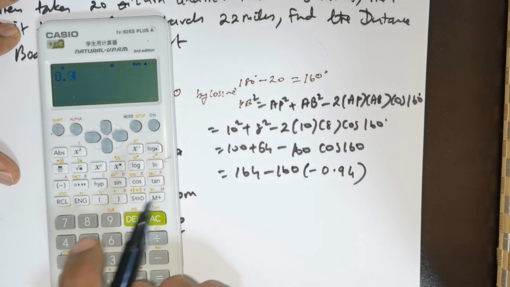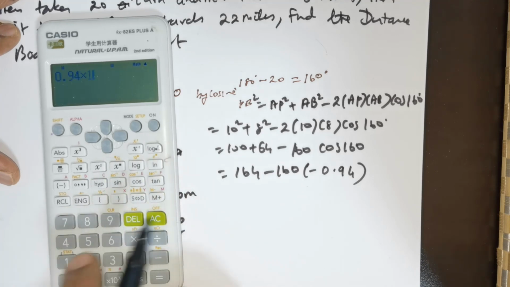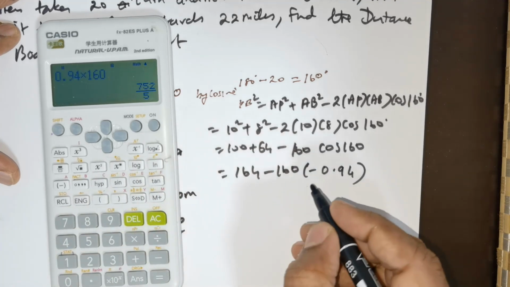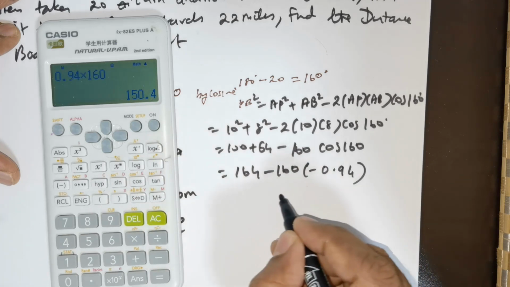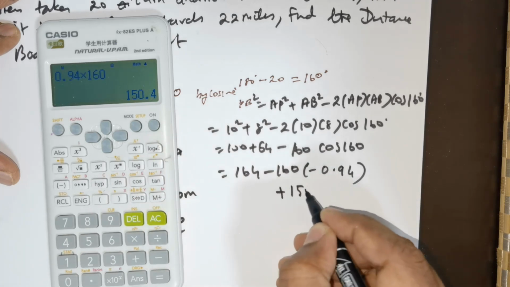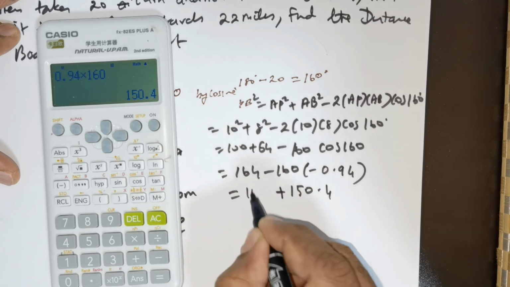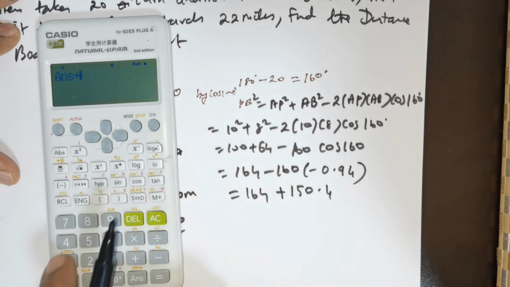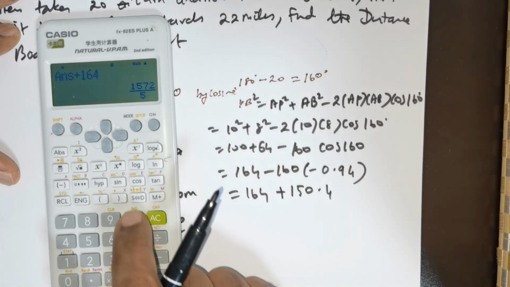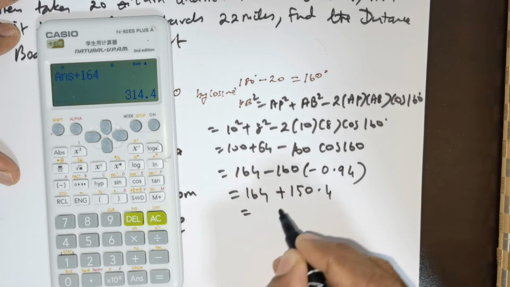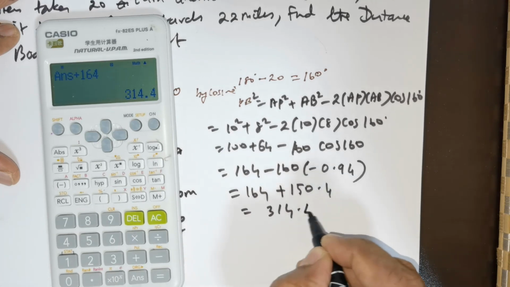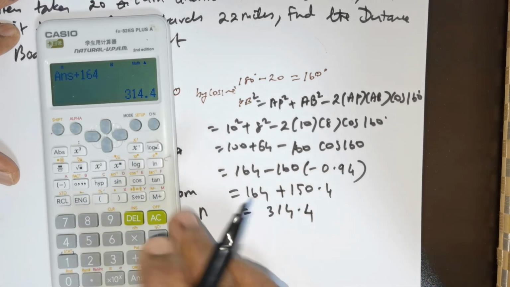So 0.94 multiplied with 160, and this negative will become positive. So 150.4 with 164. So you add 164, what do you get? You are getting 314.4.